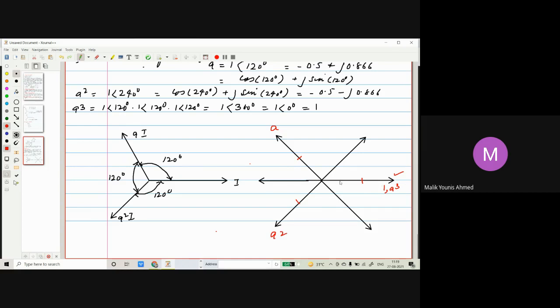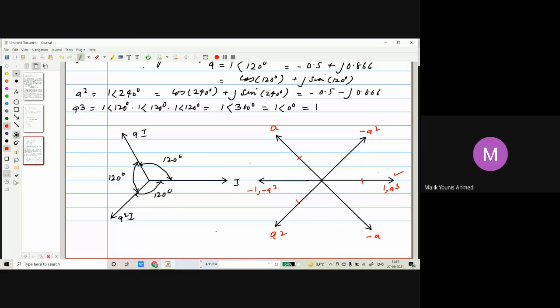This is exactly in the opposite direction, so we can write it as -1 or minus a cube also. There's no problem. Similarly, this is in the exact opposite direction, so we can write it as minus a square. This is again in the opposite direction. This is minus a. Fine.